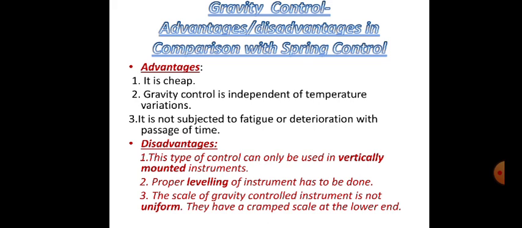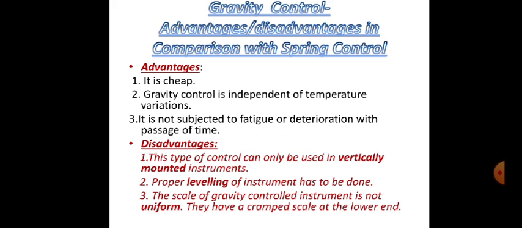We have seen that with the change of temperature, the stiffness of the spring gets affected and its performance gets hampered. But this is not a problem in case of a gravity control method, and it is also not subjected to mechanical fatigue or deterioration, as it happens with the aging in case of spring controlled instruments.